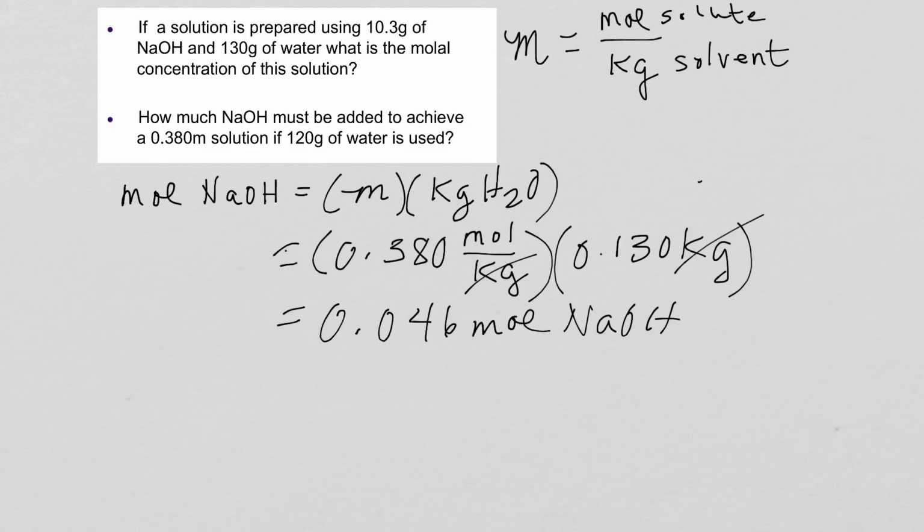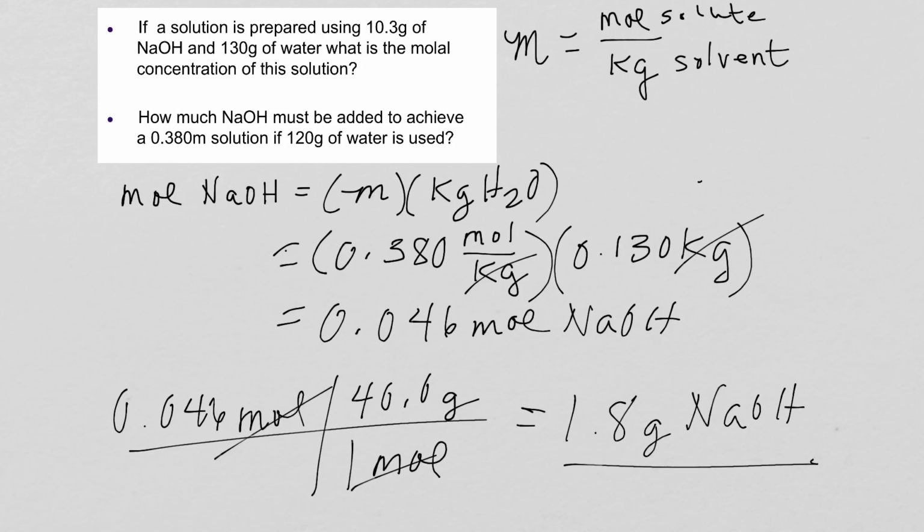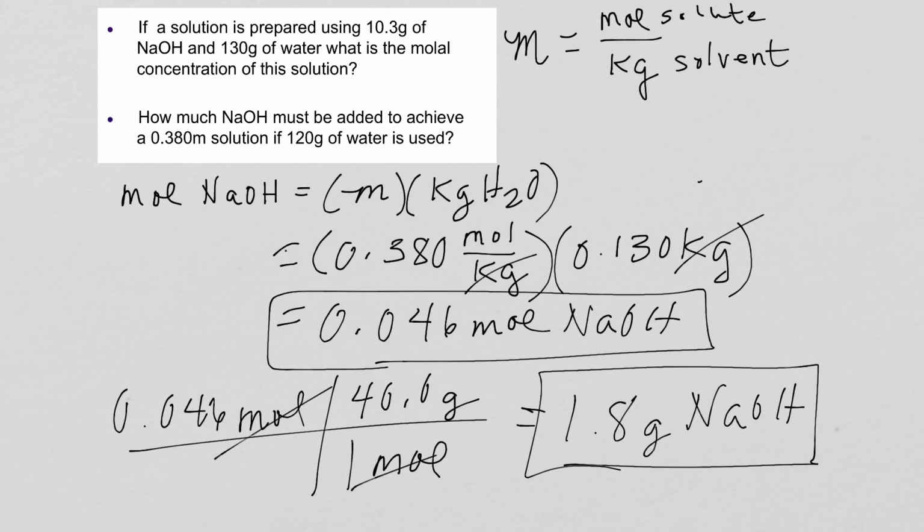Now if you want to know how many grams that is, you would just take it one step further and do a mole conversion. Moles cancel, so you're in grams, and you find that you have 1.8 grams of NaOH. These are both acceptable since how much is very vague. But that's it.